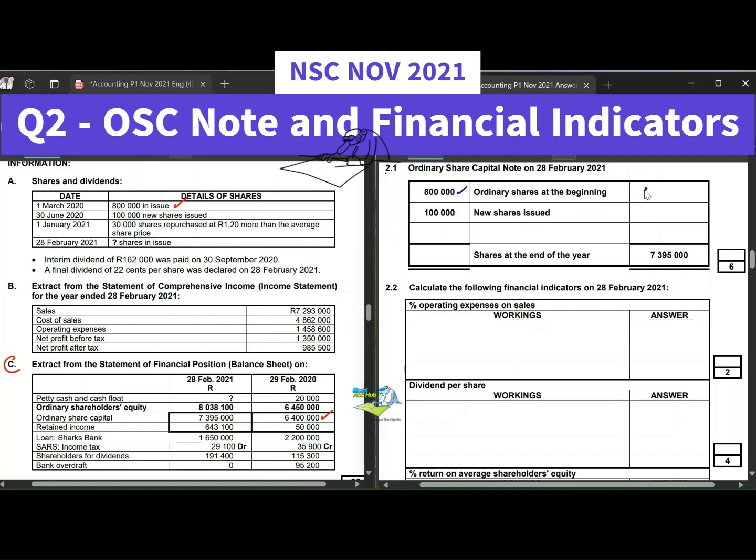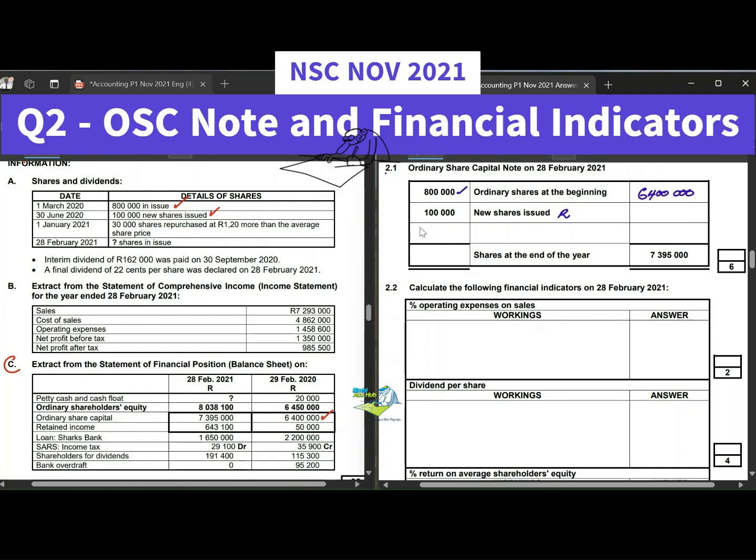So I'll come here and I'll have my 6.4 million. Then they issued 100,000 new shares. It is given. But we are not told at which price they were issued. So we cannot complete this part, but it is not a problem. Let's continue and then we come back to it.